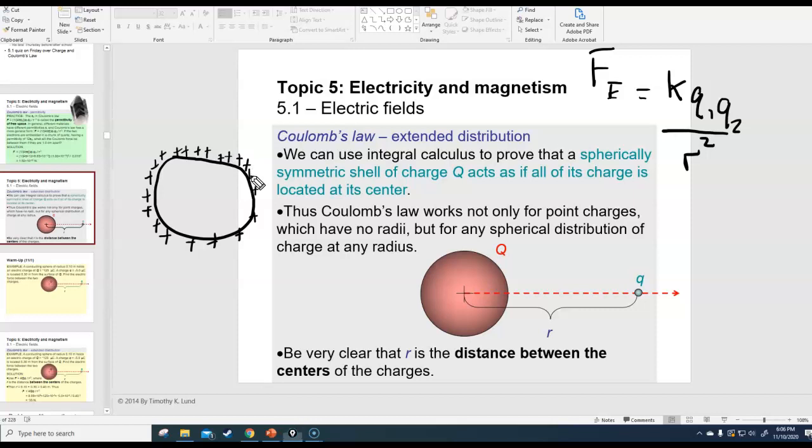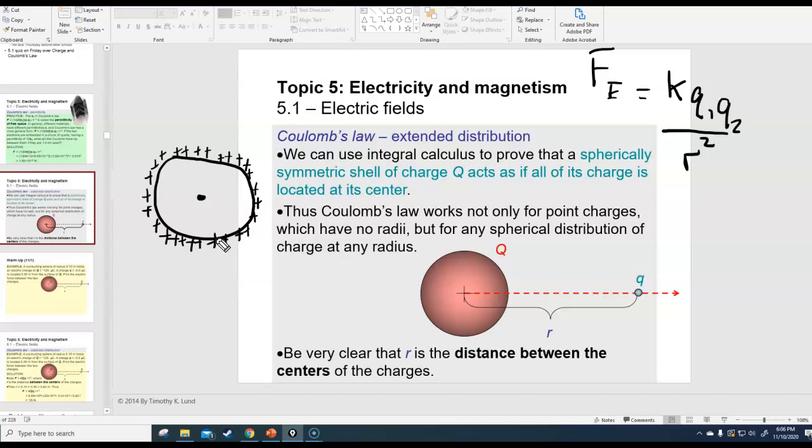Even though there are that many different point charges along the sphere, it can be shown using integral calculus, and again, we're not going to get into that because it's too much for this class, that mathematically you can treat this perfect sphere as though all the charge is located at the very center. Why that works is not really important, but we'll just go with it.